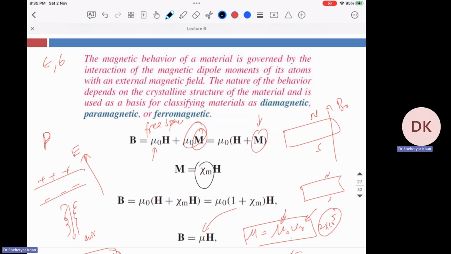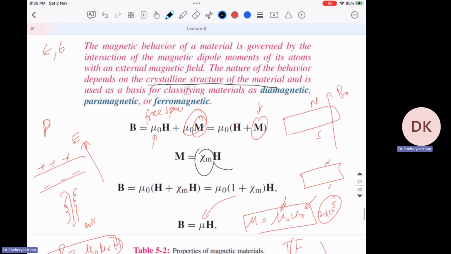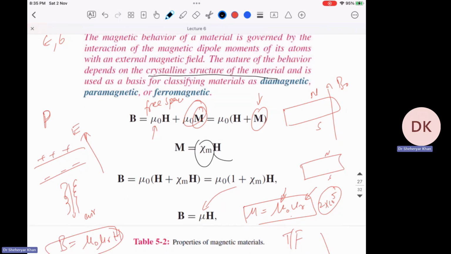This also depends upon the crystalline structure of the material, right? Now again, applying some simplifications, mu naught H plus chi m H, and take 1 plus chi m. Because it's difficult to work with chi m, we call it mu. So 1 plus chi m multiplied by mu naught, we directly name it mu, right?